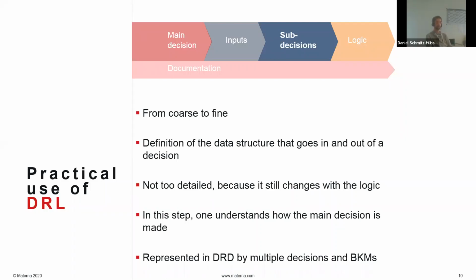But most of the time you go from your coarse decision and get always finer and finer until you have answered your main question. And if you have trouble creating this model, it usually shows that you have not understood the specific question you want to answer. And so that's a good indicator whether you understand your requirements, really.